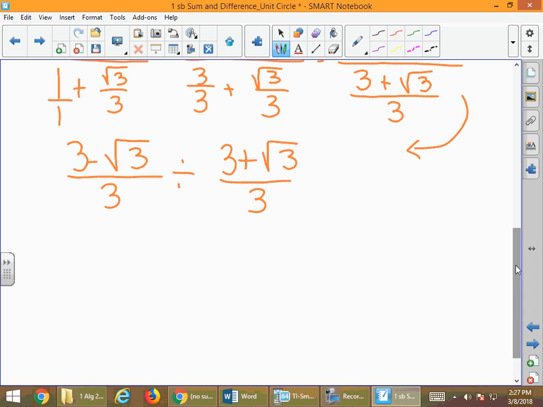When dividing, don't ask why. Flip the second one and multiply. So this is 3 minus the square root of 3 divided by 3 times 3 over 3 plus the square root of 3.